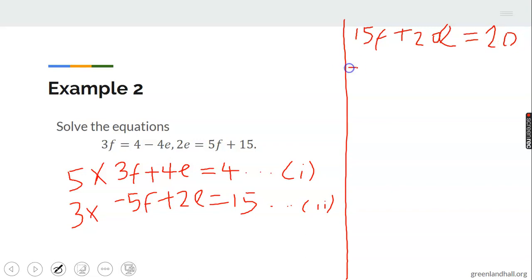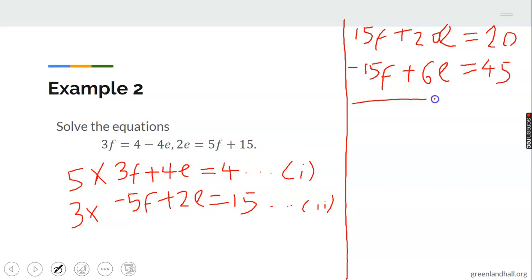Then this is minus 15f, then plus 6e, equals 45.